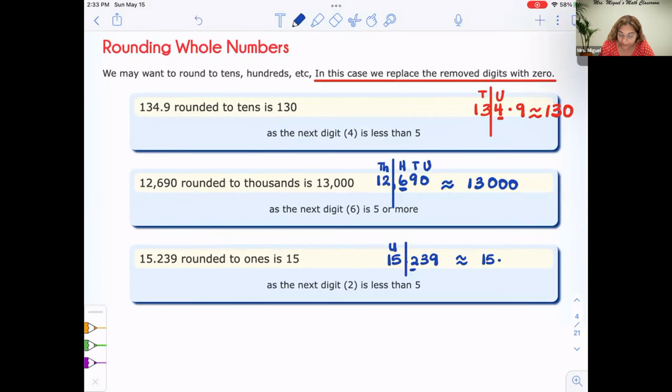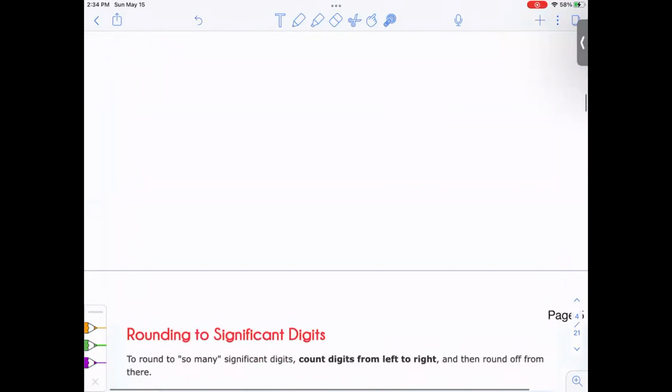I am only concerned with numbers before the decimal point. And 15.239 is approximately 15. Does anyone have any questions so far? No, miss. All right.